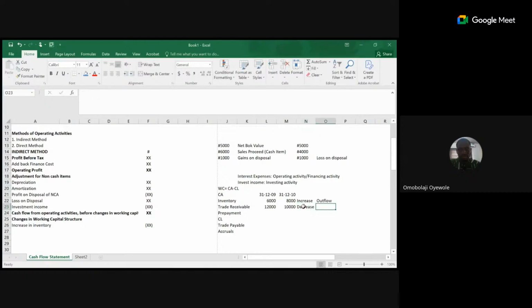So if I have trade receivable in 2009 to be 12,000, and in 2010 to be 10,000, it means that I have received cash. So a decrease in trade receivable will show an inflow.